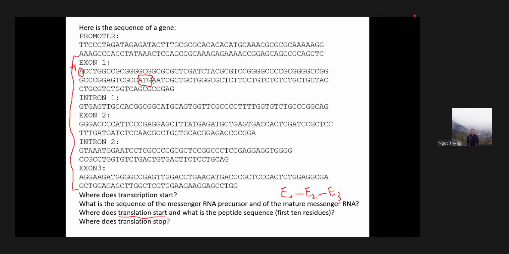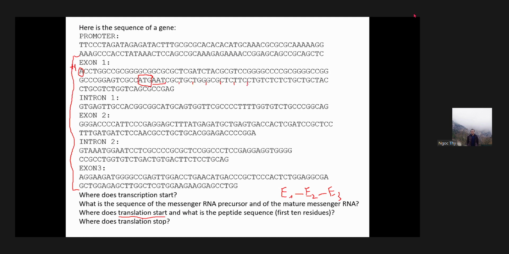And what is the peptide sequence? Can you put it in the chat box for me? So we have ATG coding for methionine. We have the next three nucleotides here, the next three here, here, here. So you can use the universal code.